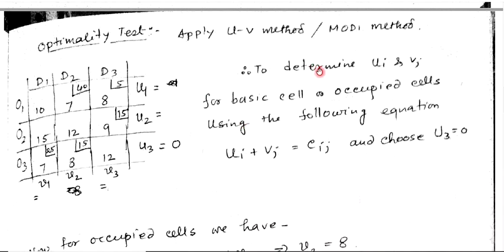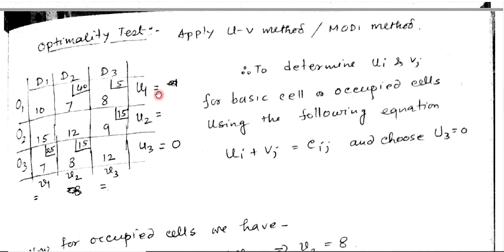For applying the MODI method, we have to determine ui and vj values for the basic cells or occupied cells. The cells which have allocations only are called basic cells or occupied cells. Here we make a table with the cost values and corresponding allocations, with no supply or demand values given here.